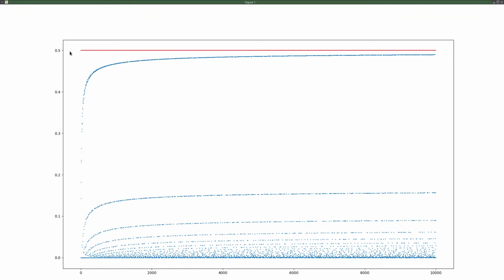Yep, so this is a line at 0.5 and we're not there.